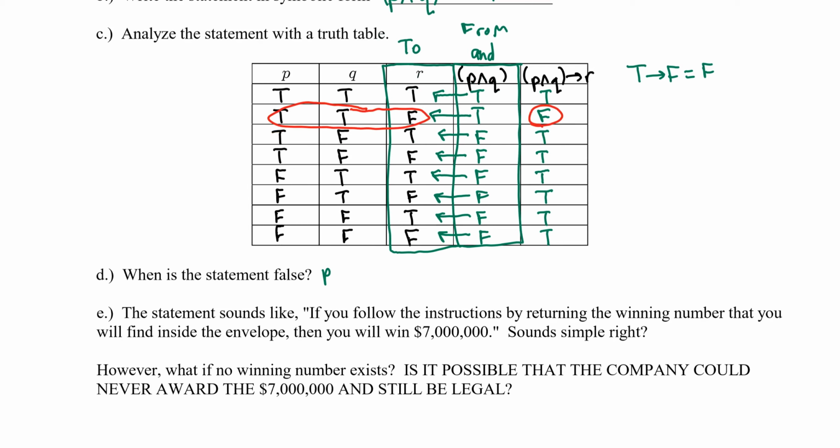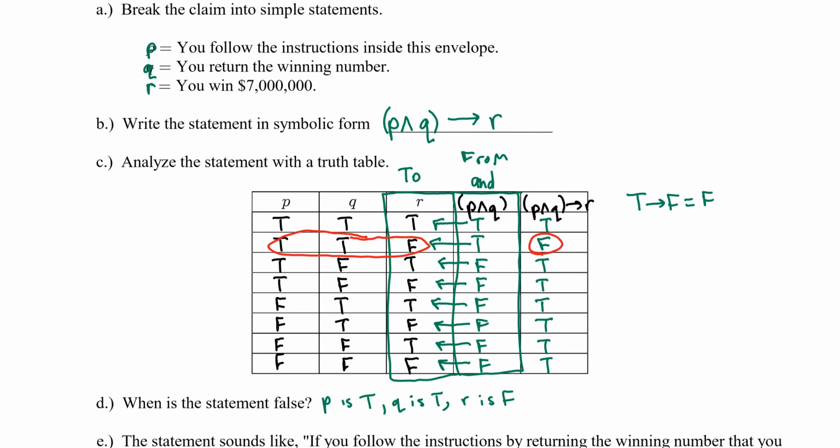Well, P is true, Q is true, and R is false. Let's go back and see what that means. If P is true, you follow the instructions, right? And if Q is true, you return the winning number. If R is false, that means you do not win the $7 million.